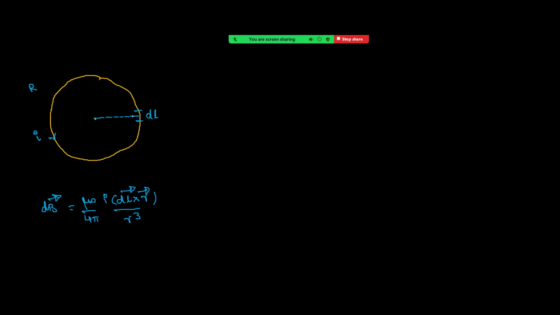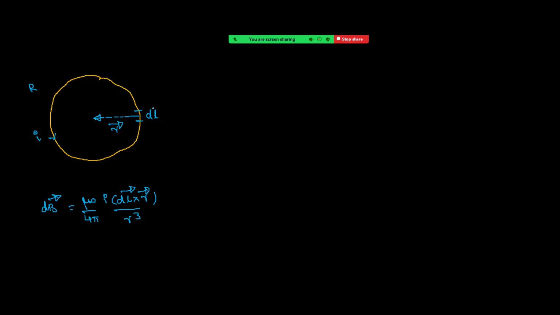Coming to r bar, it is a position vector of the point where we want to calculate a field with respect to the current element. That means this is now r bar.